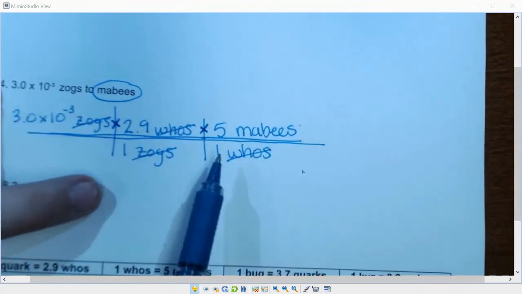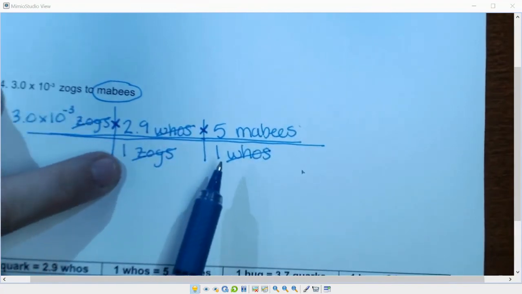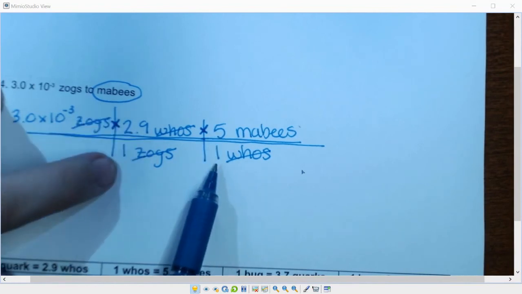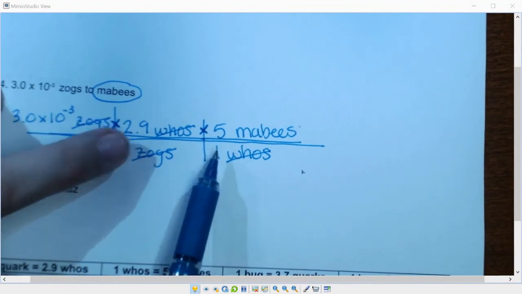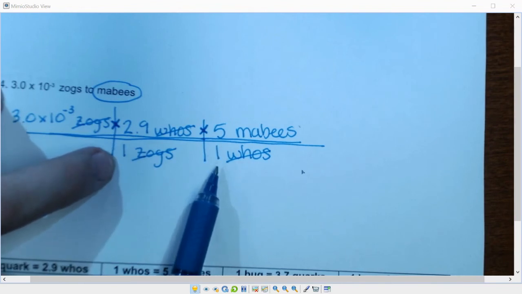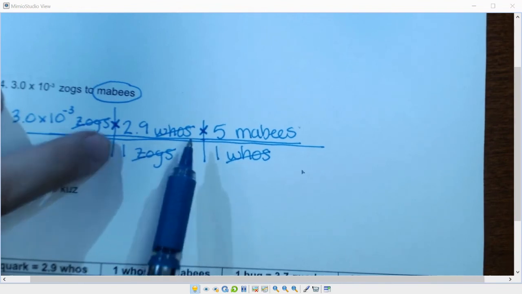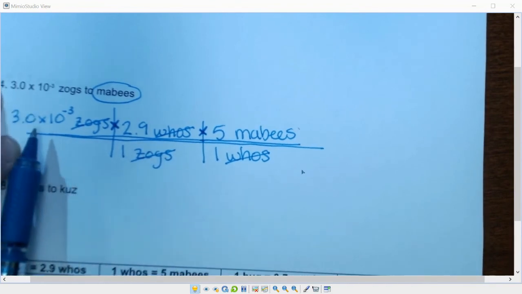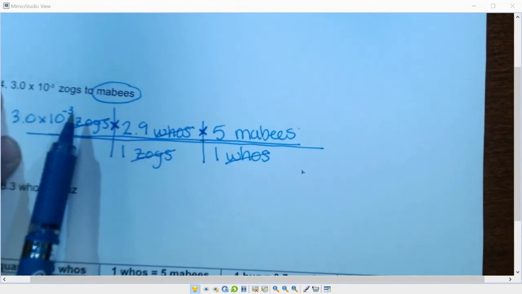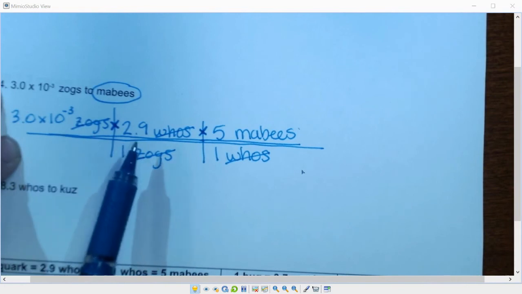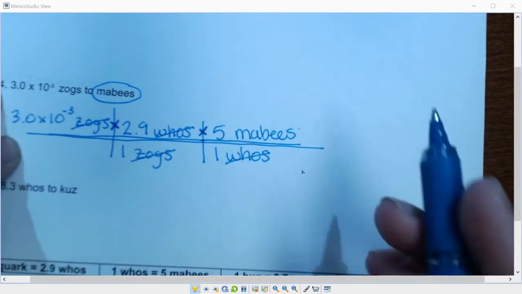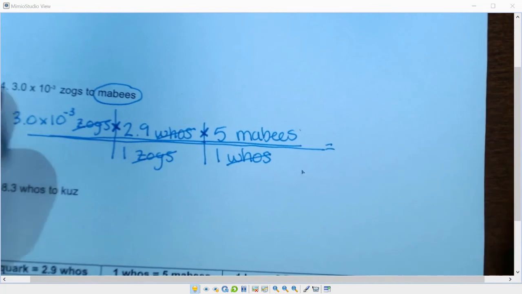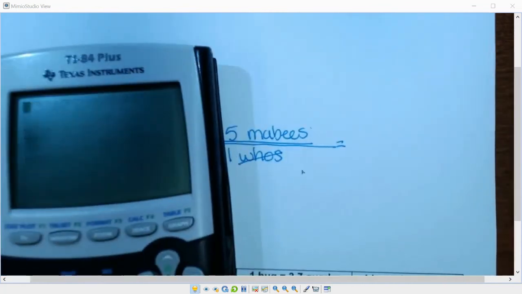So we're going to divide by this stuff on the bottom. Lucky us, everything on the bottom is a 1. So technically, we don't have to type those in our calculator because dividing a number by 1 isn't going to change the outcome. So for this particular question, we just need to multiply 3 times 10 to the negative third times 2.9 times 5. Now let me show you how to use your calculator for scientific notation.